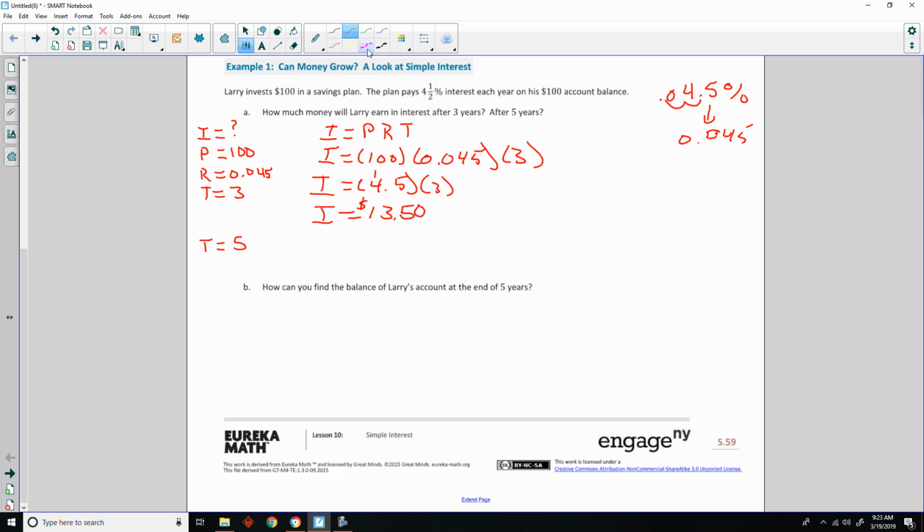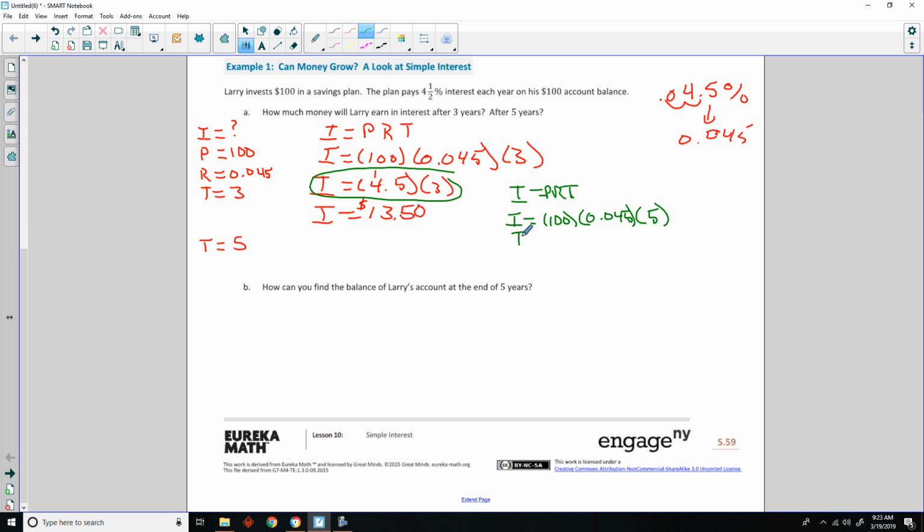Okay, now after 5 years, all we have to do is take this part of the equation and change the 3 to 5. So I equals P R T. I equals the same initial $100 times the rate 0.045, and now we're going to multiply by the years, 5.